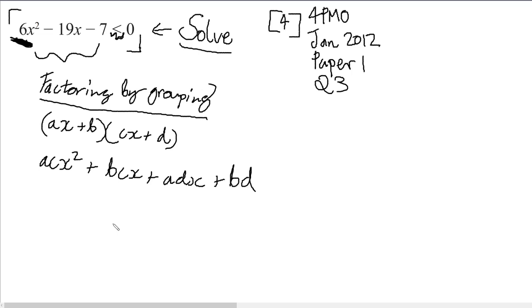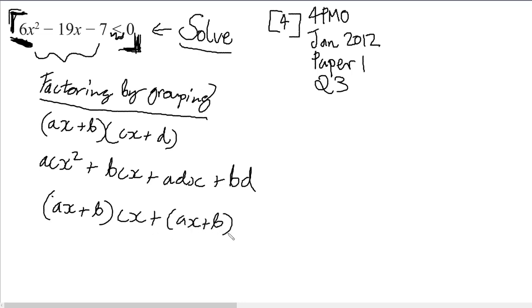And what factoring by grouping attempts to do is to put any sort of quadratic expression with real numbers into this kind of form, so that you can factorize out like this, back into its original 2 linear factors.